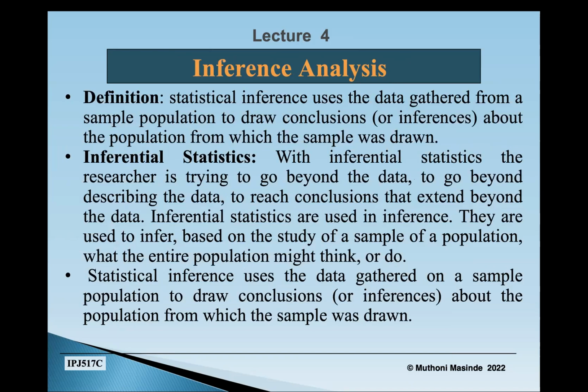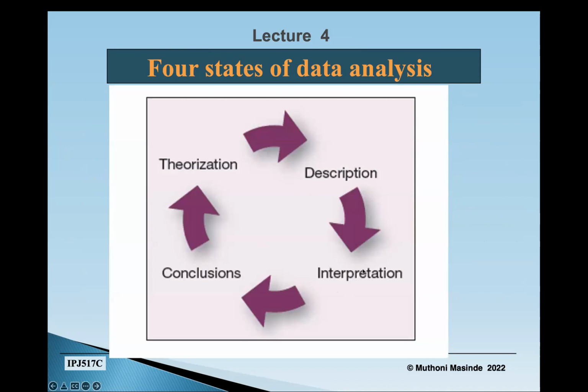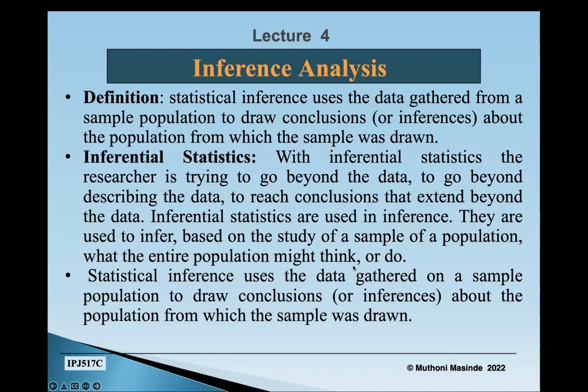Just to flip back, when you're interpreting after describing, here we say you're doing inference analysis, where you use the data gathered from a sample population to draw conclusions about the population.